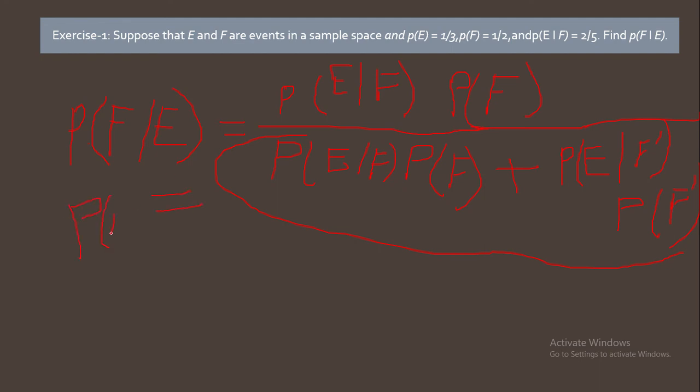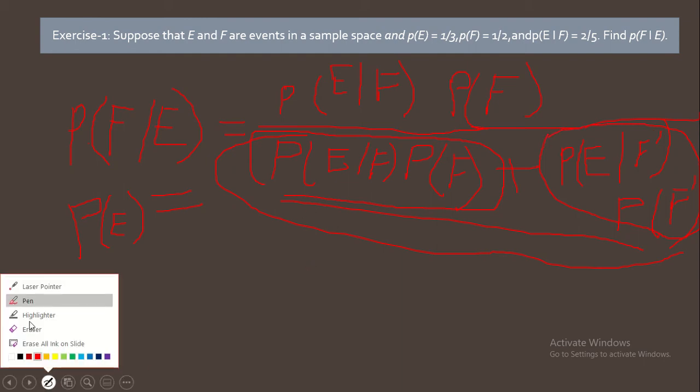Because we divide it with the total probability. If we look carefully, this is the probability of happening E when F happened, and this is the probability of E happening considering that F did not happen, right? So this is the total probability of happening E.